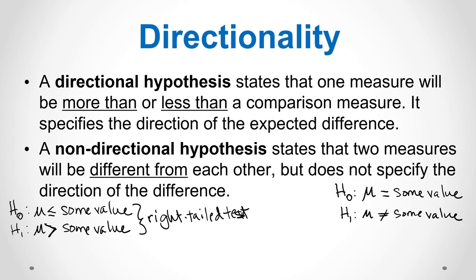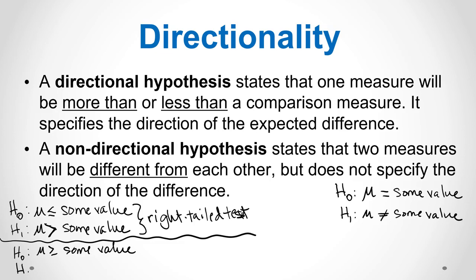Now for left-tailed hypothesis tests, typically the question will be, is there less than or is there a decrease? The null hypothesis will always be stated as H naught, mu greater than or equal to some value. And the alternative hypothesis will always be stated as H1, mu less than some value.